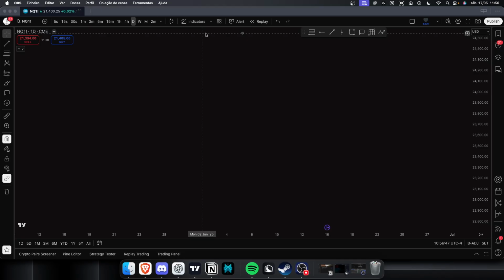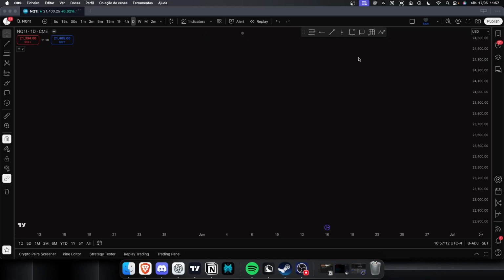Now, I don't use standard deviation as my main entry model. It's just a way to guide my bias, and that's how I know more or less what levels are more likely to work. I don't know 100%. I never know 100%. I know there's a high chance that it works, but it's never 100%.